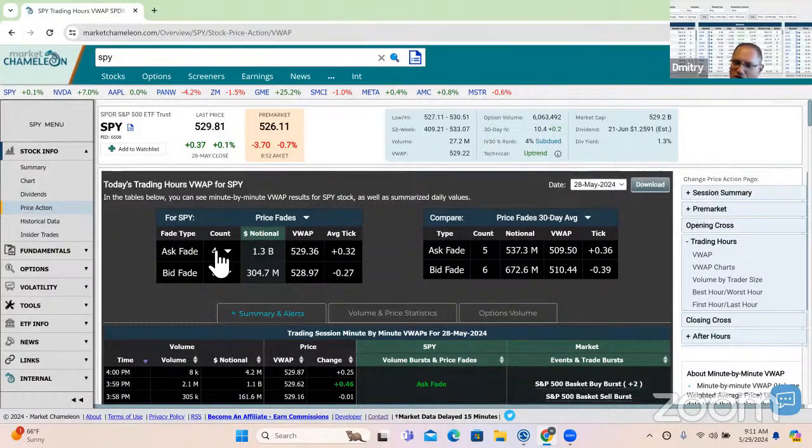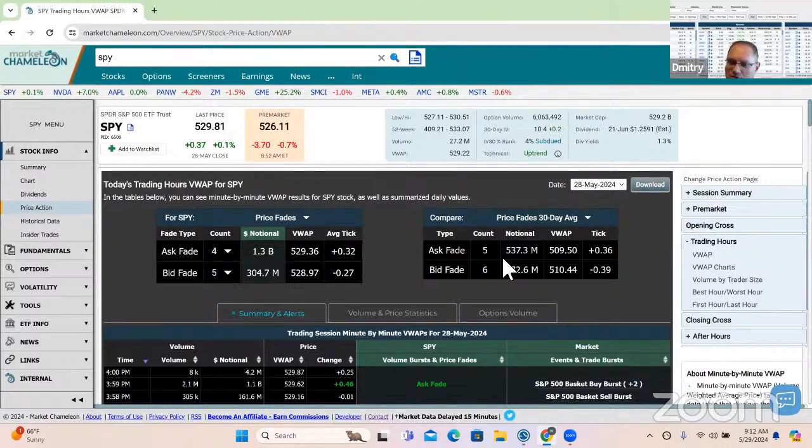Okay. And what happened was that there wasn't a lot of volume to support this large fade, based on those historical benchmarks. And sometimes we get those. We could compare them, like what do we usually see on a day?